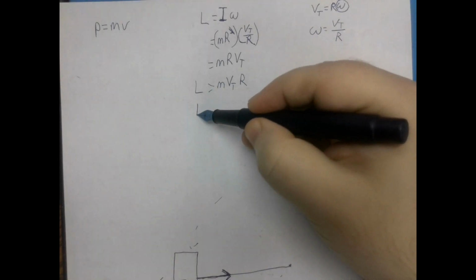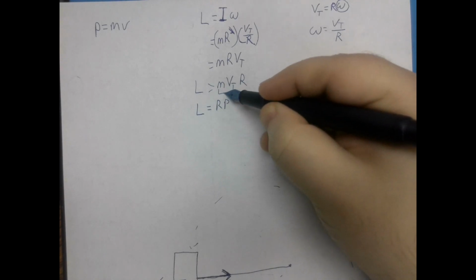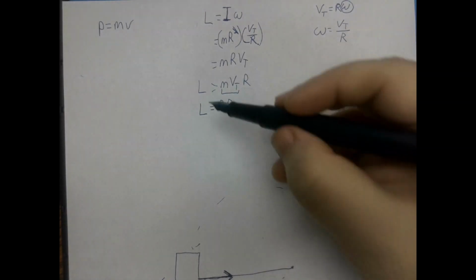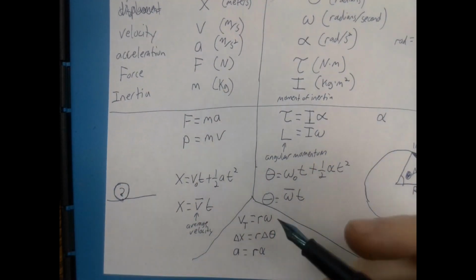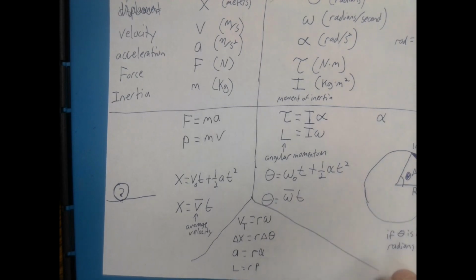Which makes it very nice, because this is basically L is equal to r times your linear momentum, which matches up with these equations. L equals r times your linear momentum.